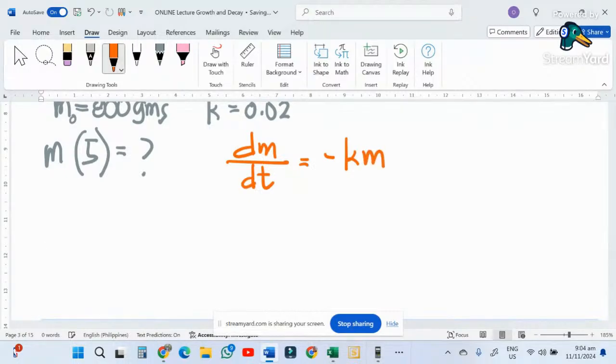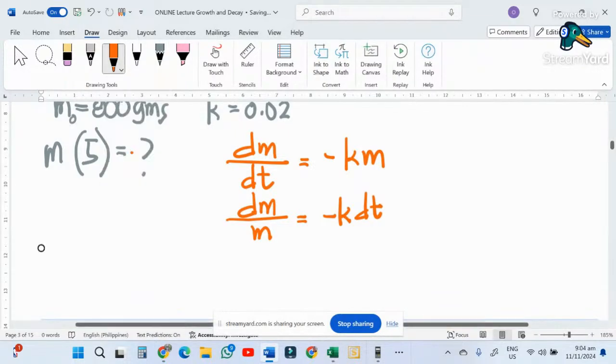All right, and then put the m's together. It's equal to minus k dt. There you go. And what's next is, you have to integrate.